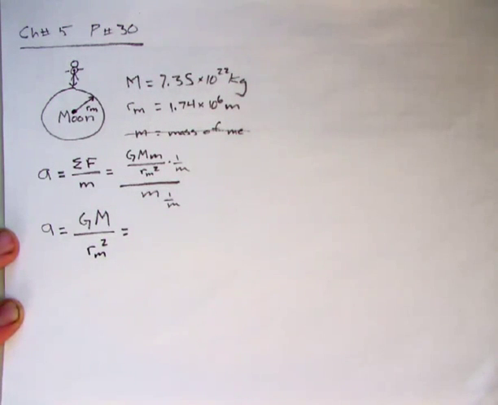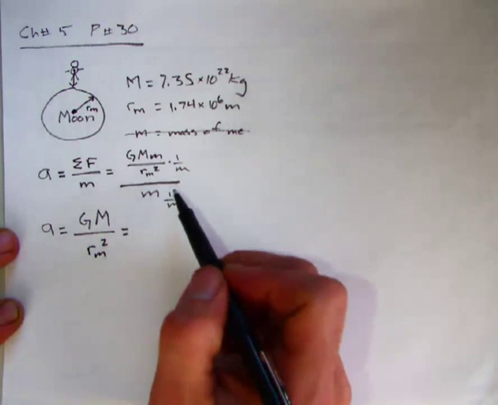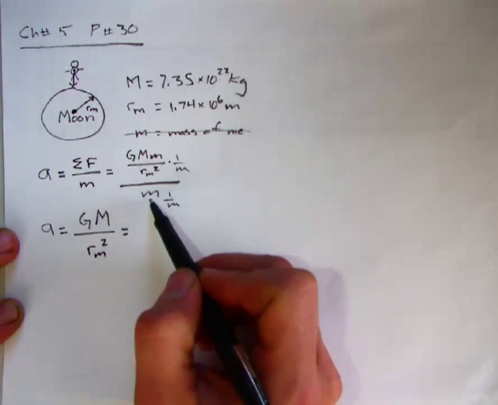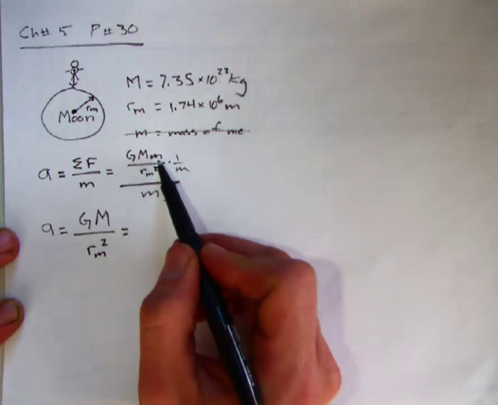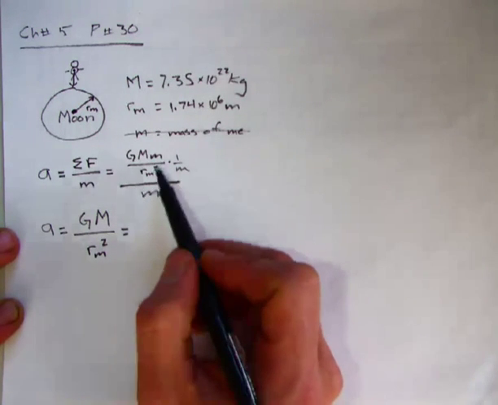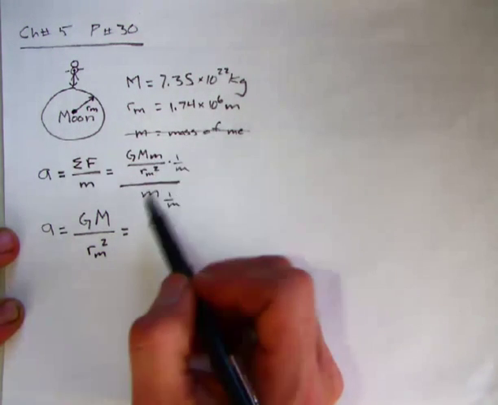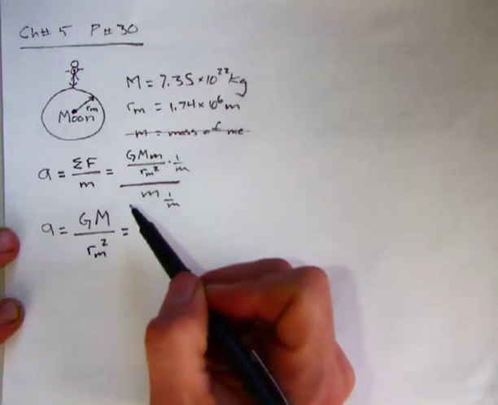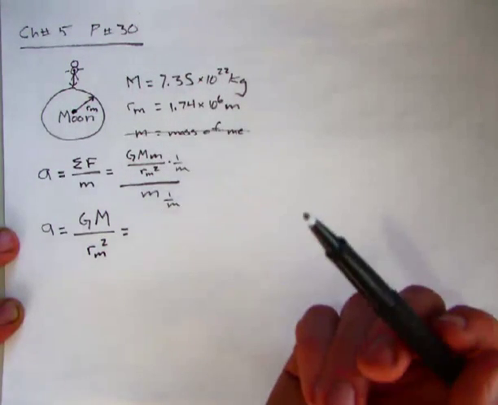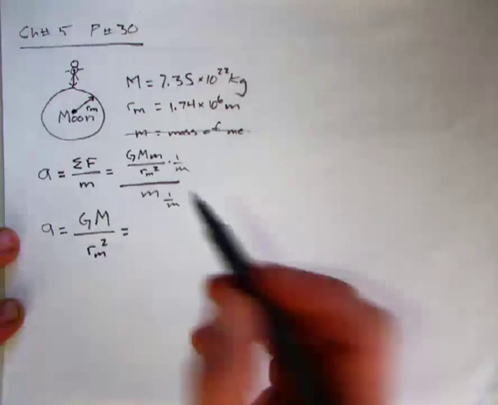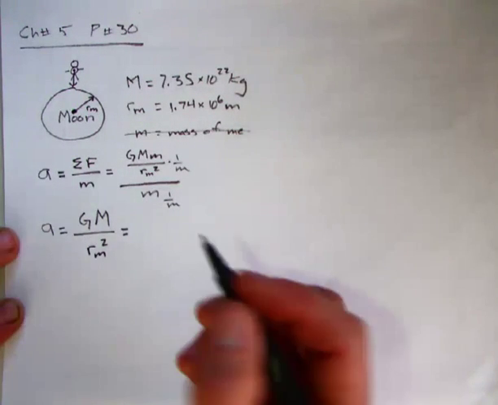Kind of crazy that it's that simple. But let's go back here for a second. This is why the acceleration due to gravity is the same for all objects on the surface of a planet, regardless of the mass of the object. So that mass cancels out.